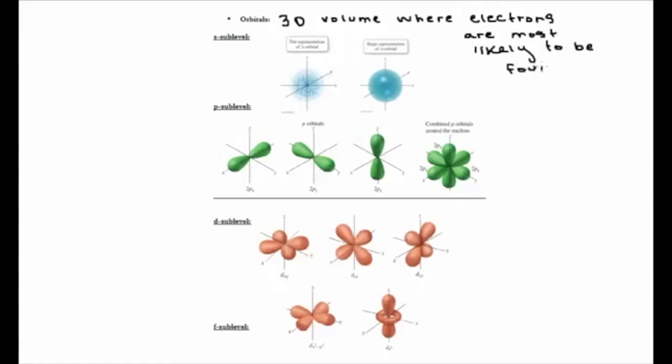As you can see, if it's this S sublevel, they're going to be within this region. That's where they're most likely going to be found. So we're not talking about electrons orbiting anymore. We're simply going to be talking about the 3D area where we're most likely to find them. And so what we're going to do is put this into a context that we understand by using the periodic table in order to describe how electrons are organized for an atom.